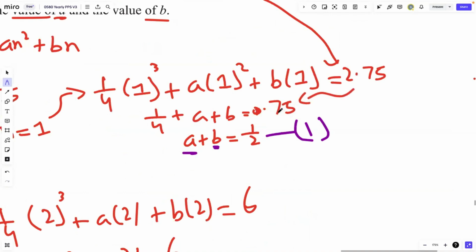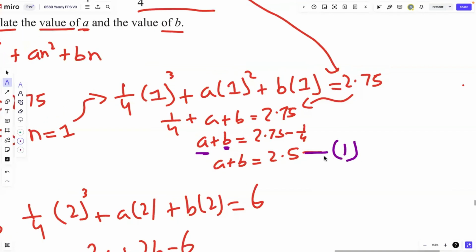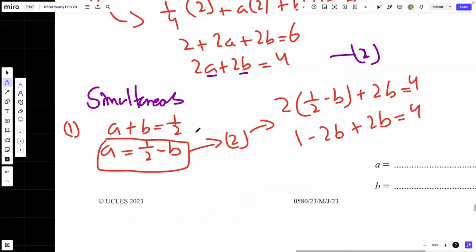It's supposed to be 2.75. And when 1 over 4 goes on the other side, it's actually going to be 2.75 minus 1 over 4. So it's going to be a plus b equals 2.5. That's going to be your first equation. And similarly, we'll edit this here. This is supposed to be 2.5.